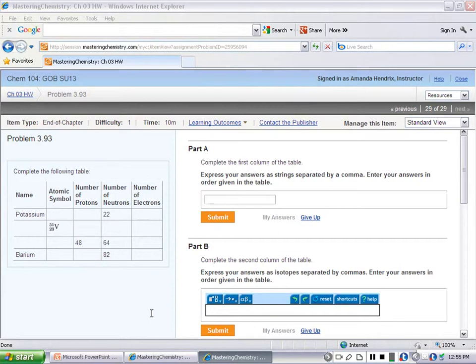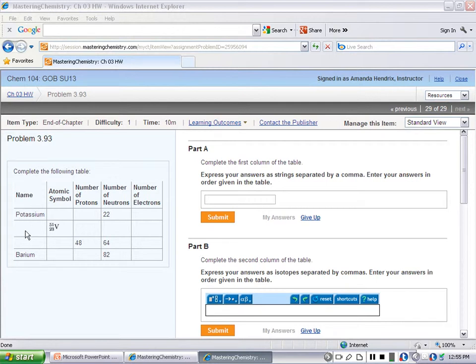Now we are going to take the table that we just filled in, and we have to plug it in appropriately into Mastering so that you can get the credit for this problem. We're just going to do A and B, and I'll let you finish the rest on your own. It says to complete the first column. A lot of students think that that's going left to right, but it's going up and down. It's vertical. So our first column is the name column.